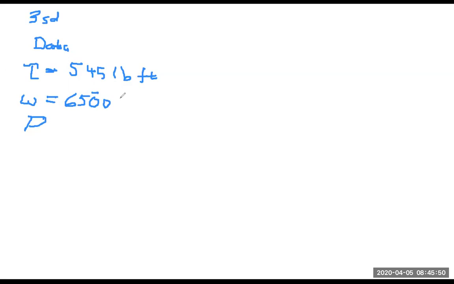And let's see, this is RPM. Well, this problem lets us use that formula we just had. I'm going to use the 0.105. So power is what we're after. And the formula I'm going to use is power is equal to the torque times the omega.